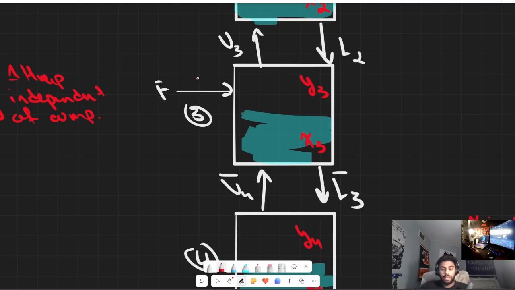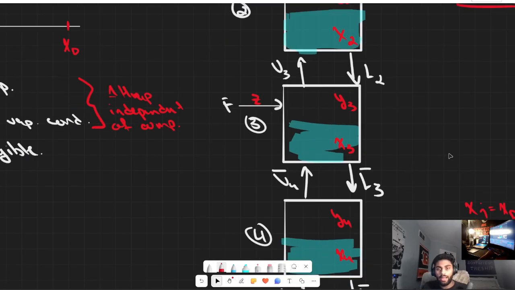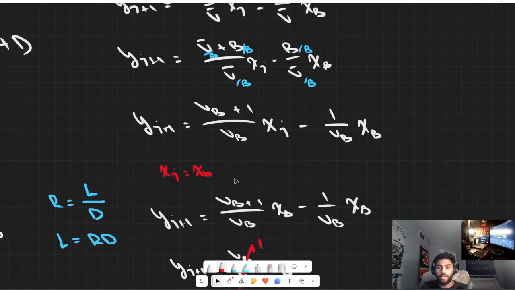We see that we have our feed here. Let's say it has some composition Z. We have a feed going in. We have our V bar coming in, our L bar exiting, our V exiting, our L entering. So essentially what we have is a way to relate our feed to our V and V bar and our L and L bar. And that happens in a very intuitive manner.